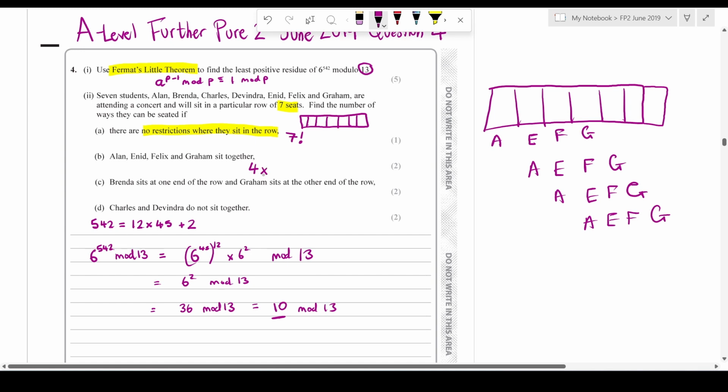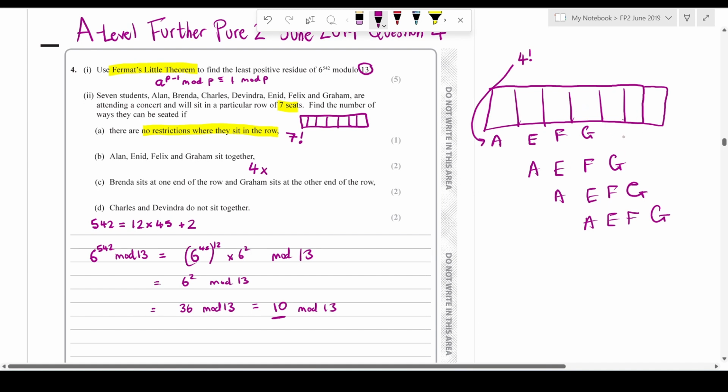Now we need to think about the number of permutations for each particular position. Looking at this row, I would have 4 factorial, coming from the fact I could have either A, E, F, G there, but then only 3 of them there, 2 of them there, and 1 of them there.